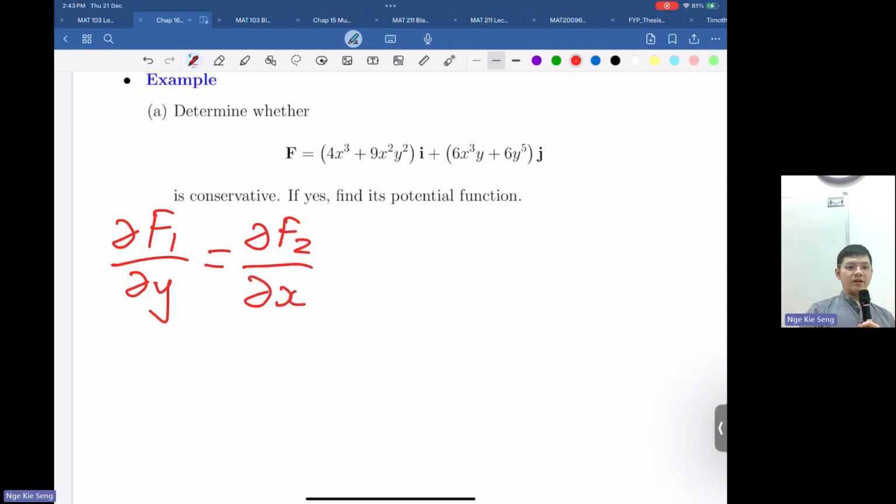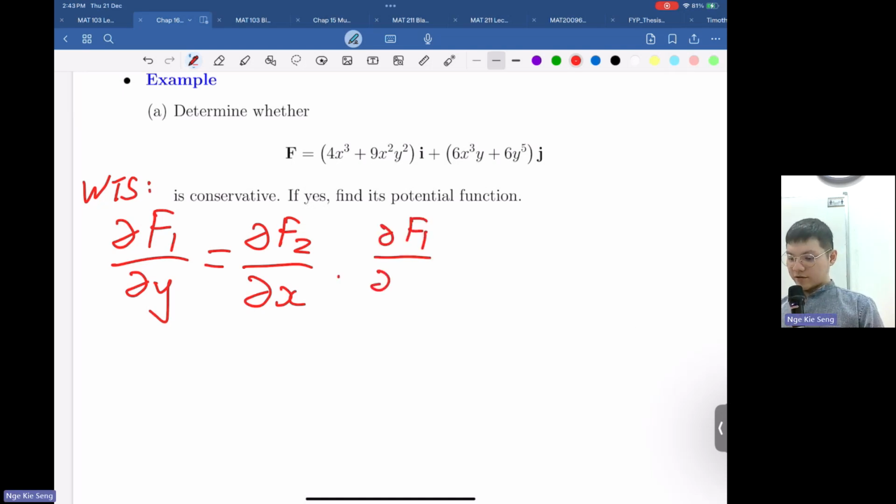I do these 2 computations here. Is it equal? Del f1 over del y, what do you get? Del f1 with respect to y is 18 x squared y.